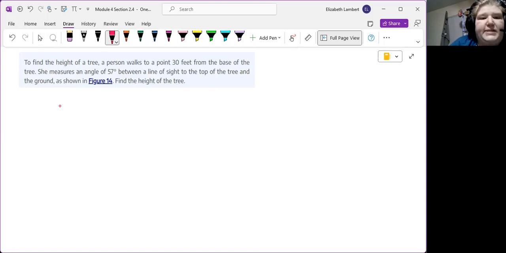All right, so there is the tree. Then 30 feet away from the tree, and in math land, that means the center of the tree, kind of.